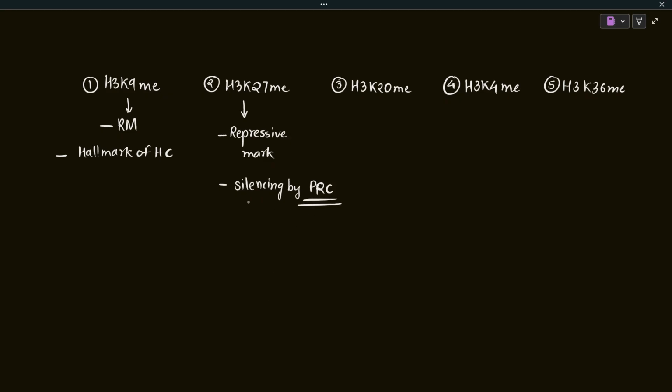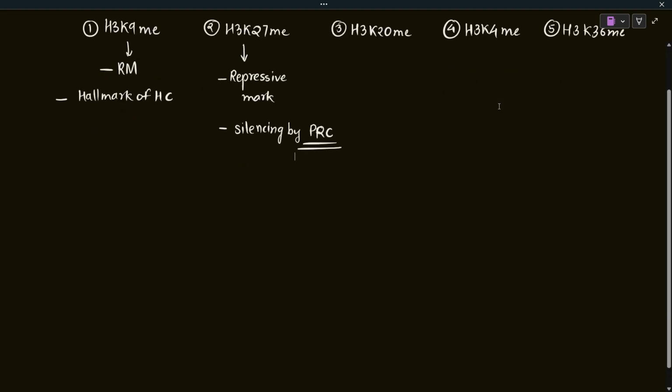This PRC complex is comprised of the polycomb group of proteins, PCG, and those proteins are the ones which are going to repress the gene.